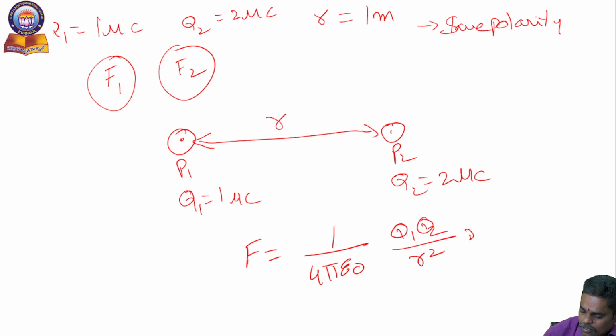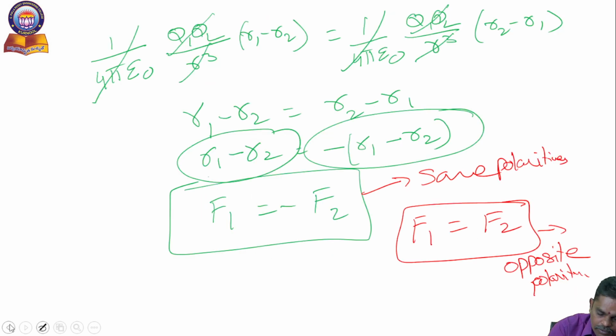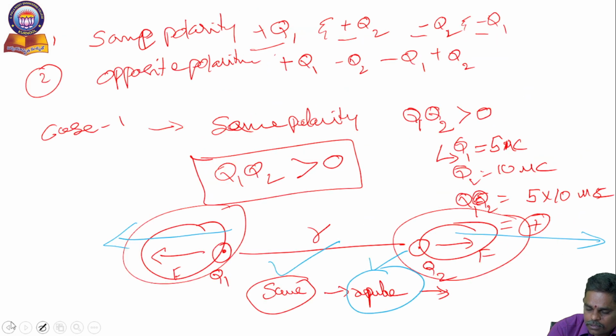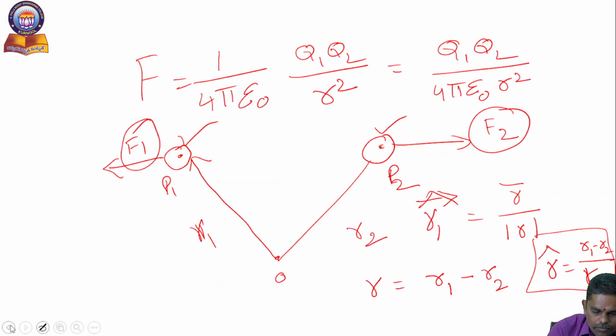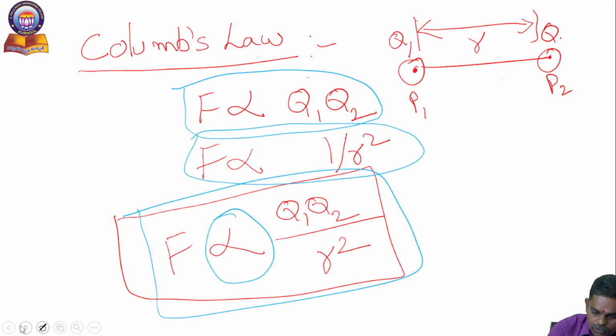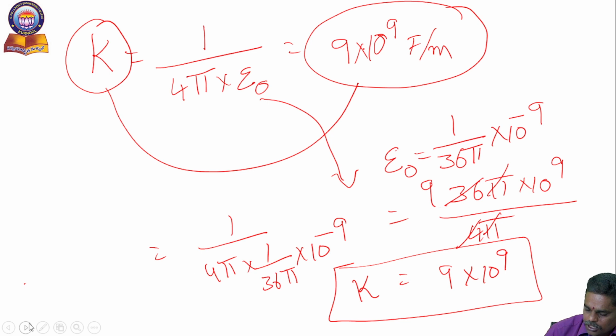I am writing R cap for your convenience. Now I am going to substitute 1 by 4 pi epsilon naught. We already solved this in a previous slide: 1 by 4 pi epsilon naught is the proportionality constant, 9 into 10 power 9.